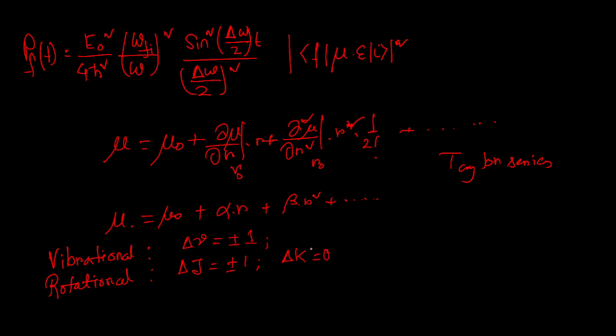Delta k is for symmetric top molecules, oblate and prolate and so on. So these are the different aspects, and there are many more. I have covered a few of them.